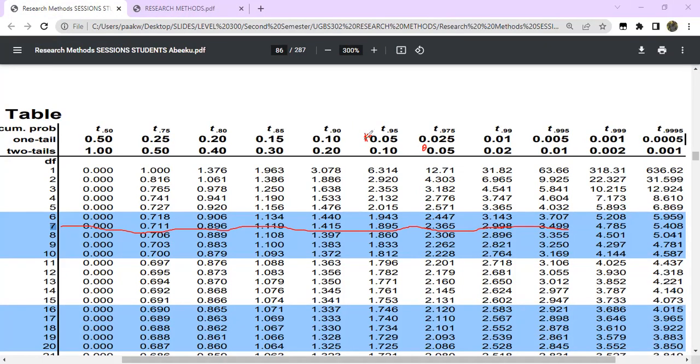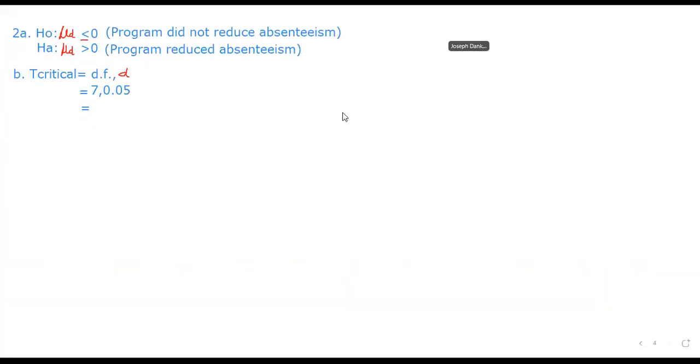So the one with the asterisk, because less than or greater than is one-tailed. So you match them wherever it meets with this one. So it meets here, right? 1.895. Exactly. So it's 1.895.